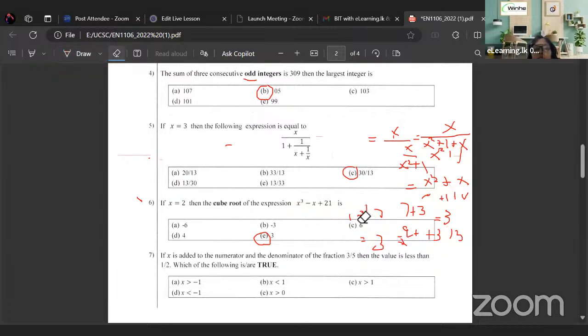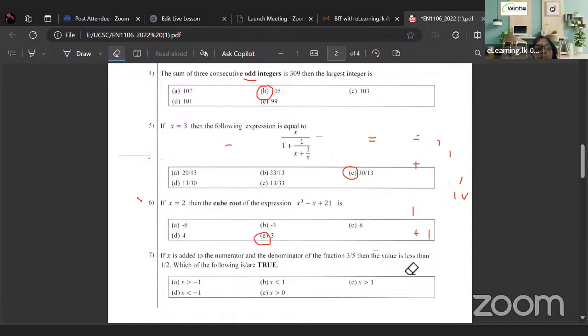If you move on to question number 7, right, try to do it by yourself.